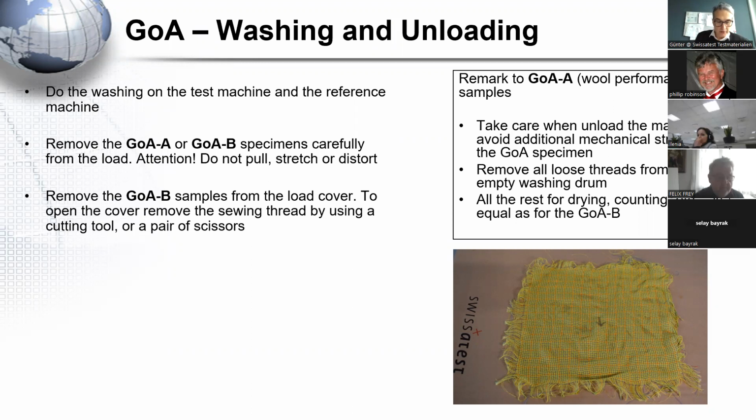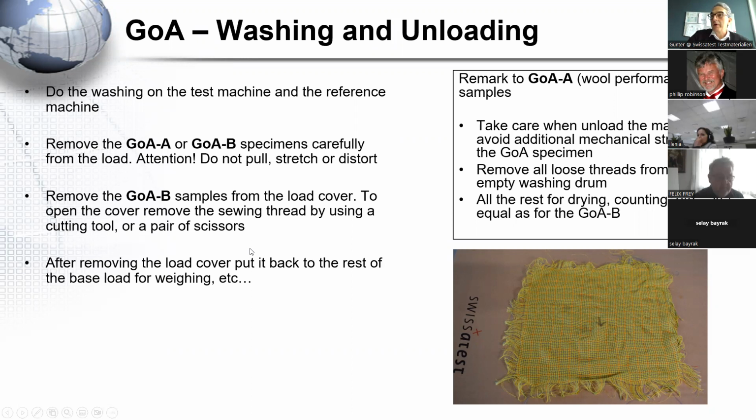After removing the load cover, you have to put it back to the rest of the base load for the weighing. Don't wait 1 hour, because the weight will not be okay anymore. So remove the GoA swatch from the load, and put it back to weigh the load for the RM series values.